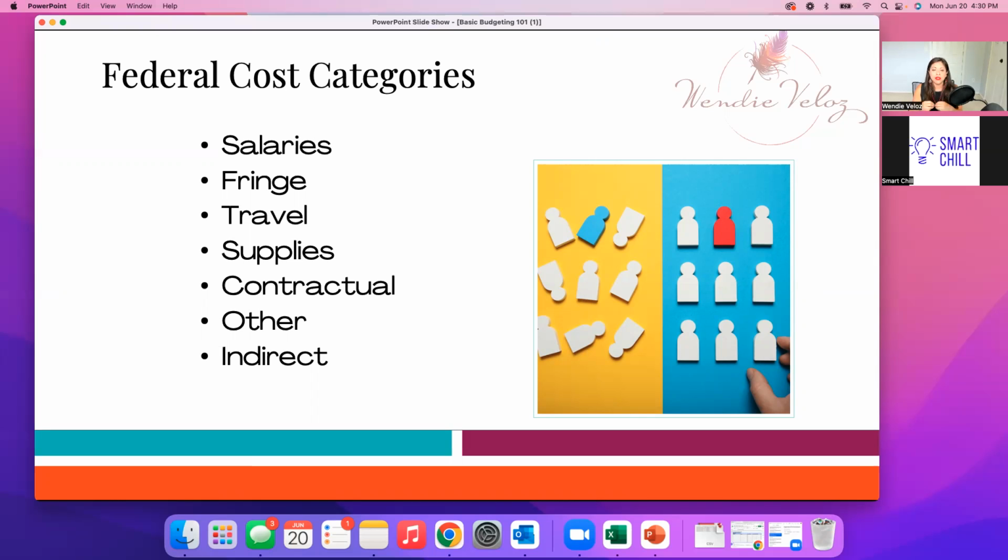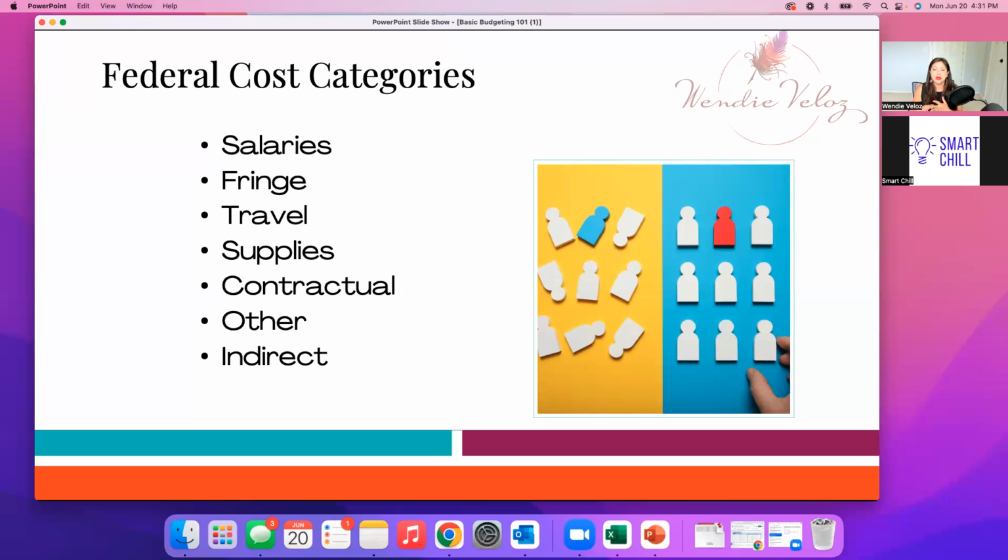Then our travel. So travel is if we are going to provide services, say mileage, we're going to go across town and provide services at another school district or another location, and people are driving to and from, they might incur mileage every day. They might also go to a training out of state and you would incur some sort of airfare and per diem and other costs related to that travel.